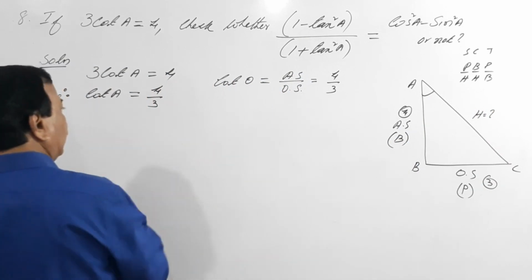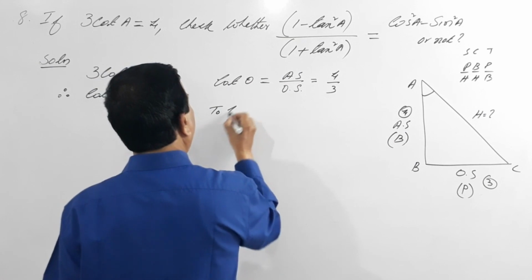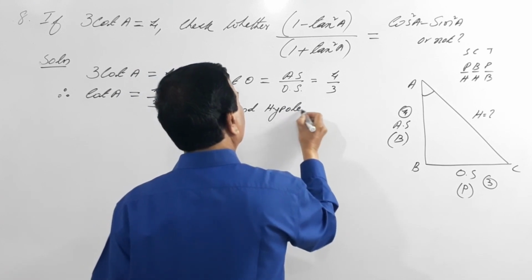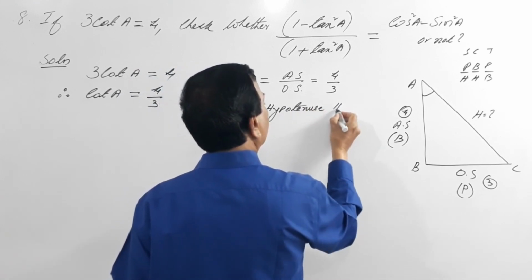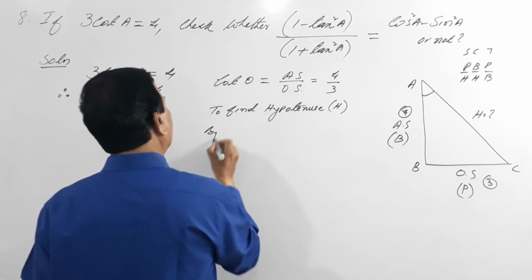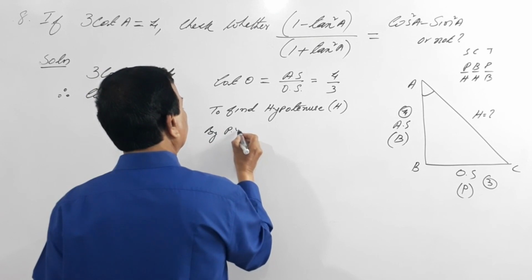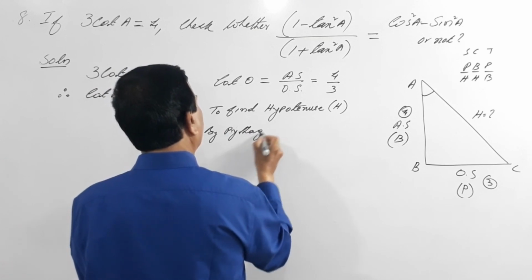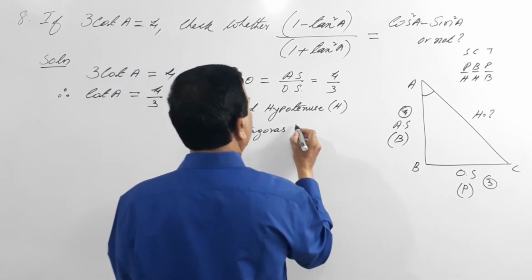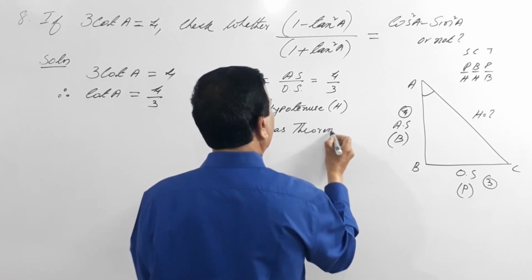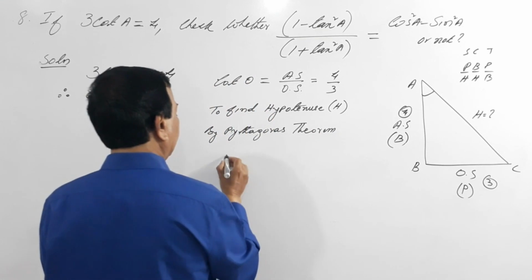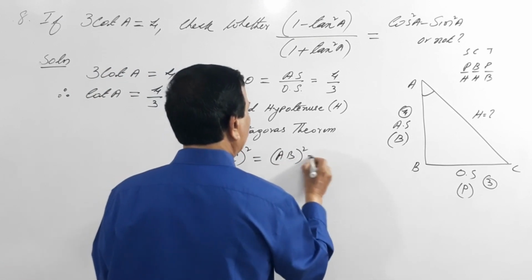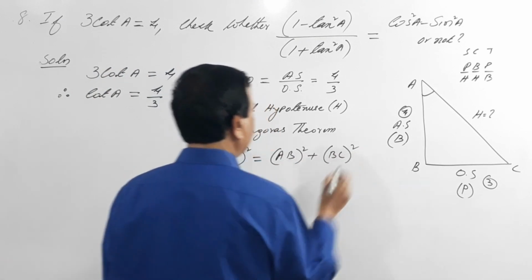now to find the hypotenuse H by Pythagoras theorem, AC square equals AB square plus BC square.